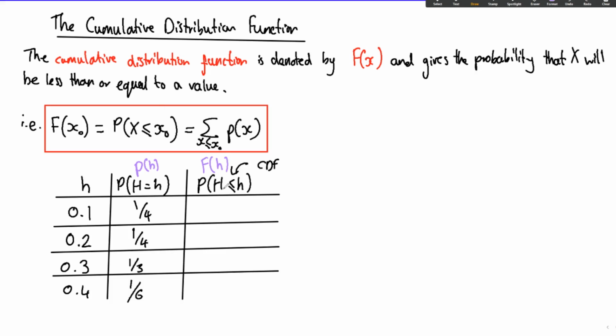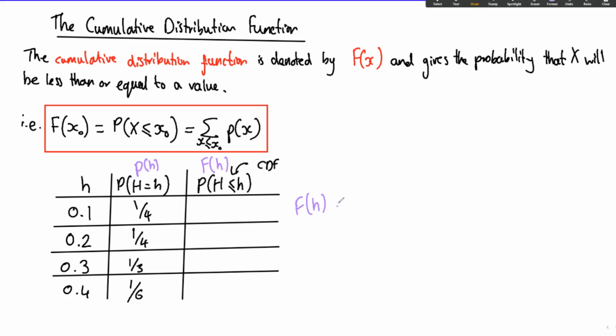So now we have the probability distribution here. We know what they are for each of the values of h. So now let's find the cumulative distribution function using this. So now we have F(h), not x0, because we're using h.